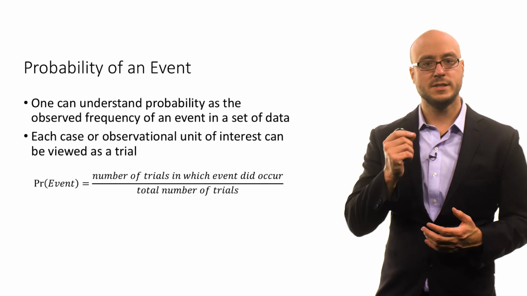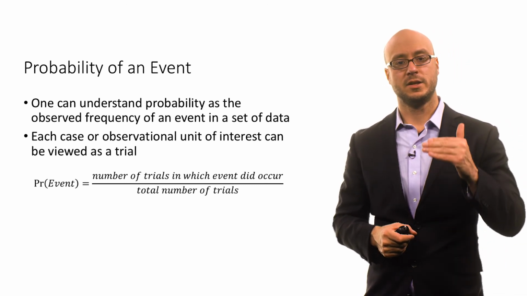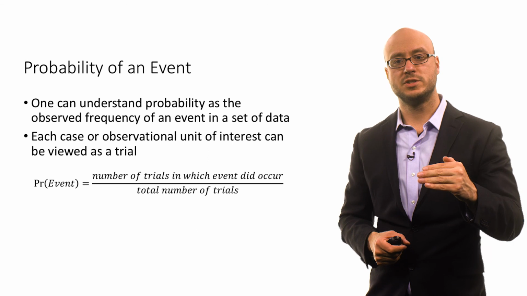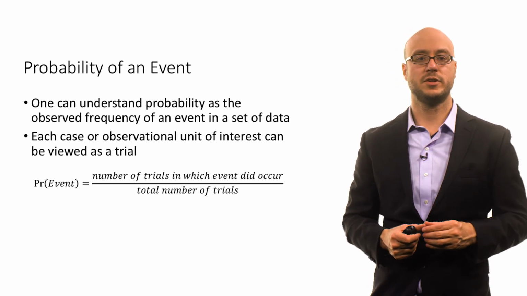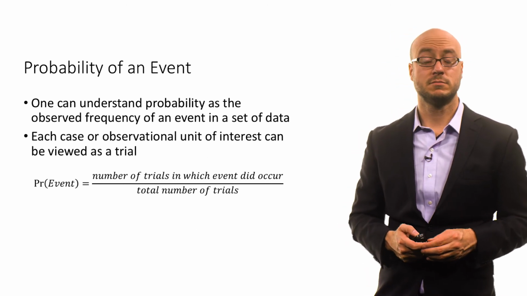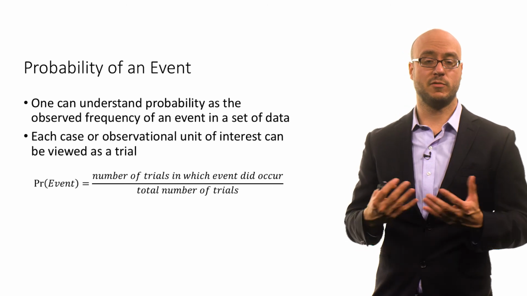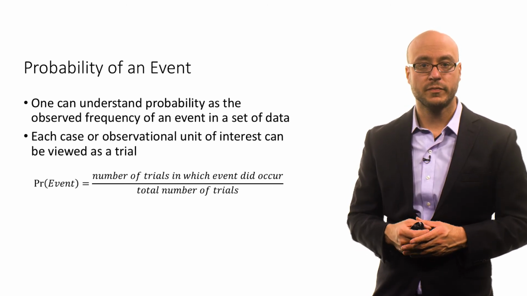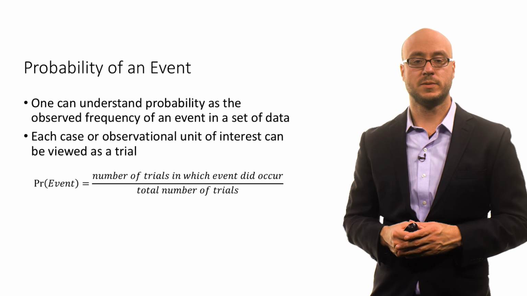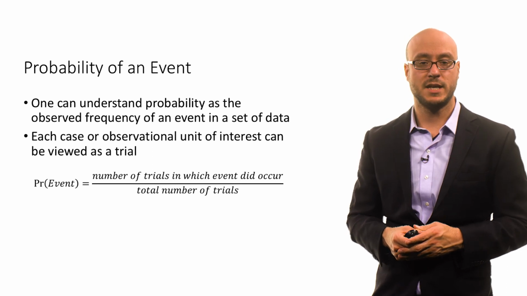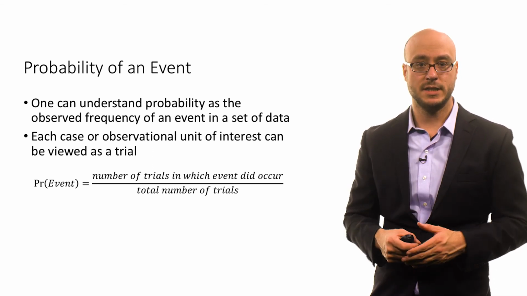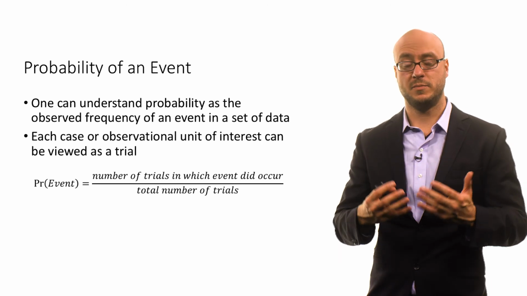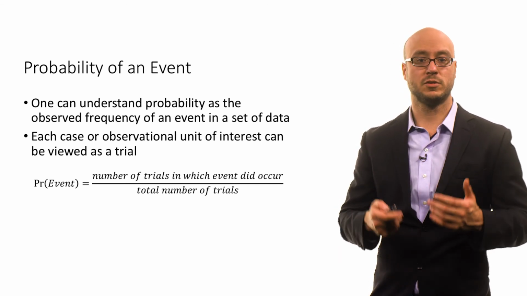So this is the idea behind the probability of an event: it's the number of trials in which the event did occur divided by the total number of trials. In a data set, suppose you have a random sample of 100 people, and 50 of those people are men. So you might say the probability of being a man is 50 divided by 100. The probability of being a man is 1 out of 2, or 0.5.